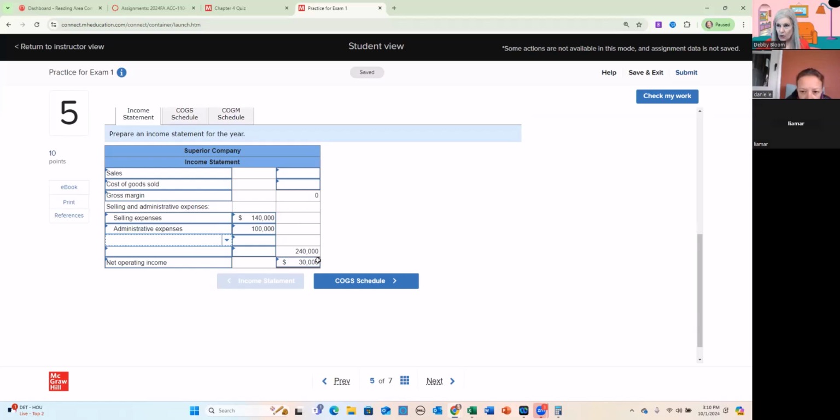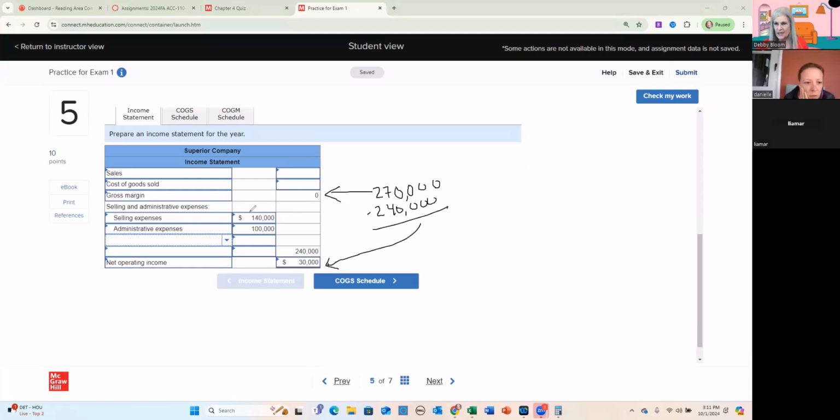So if we know that our total selling and administrative expenses are 240 and our net operating income is 30,000, then by math, and let me know if I'm going too fast, that number would have to be 270,000, because if I subtract the 240, I come down to that 30,000.